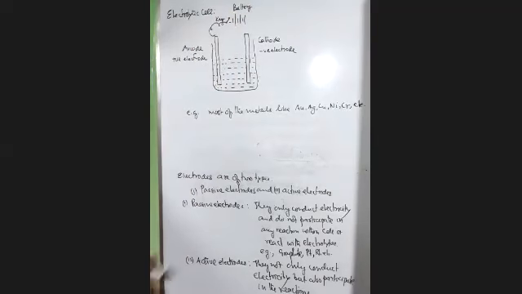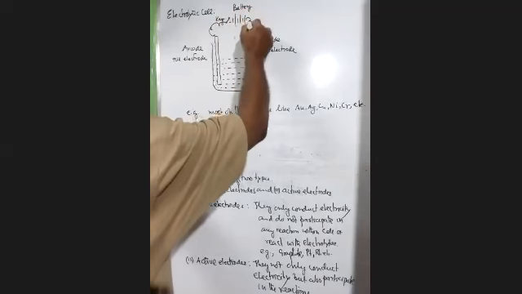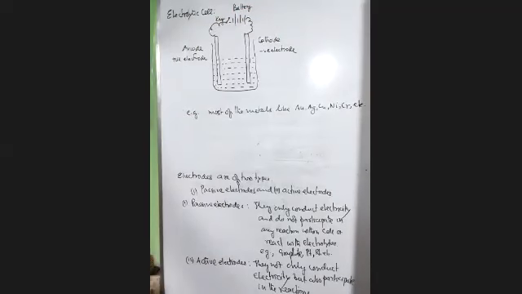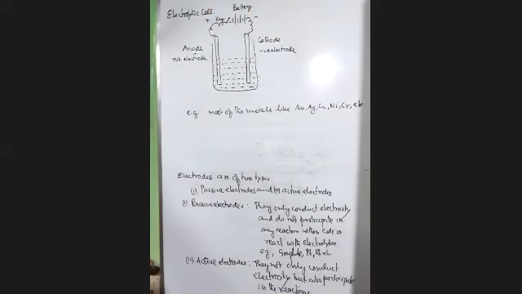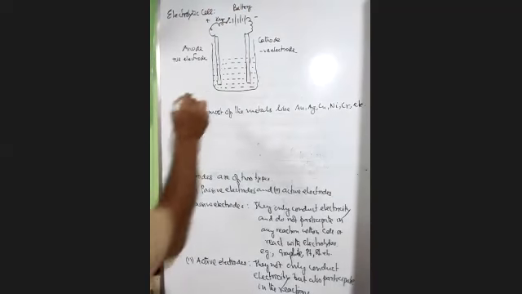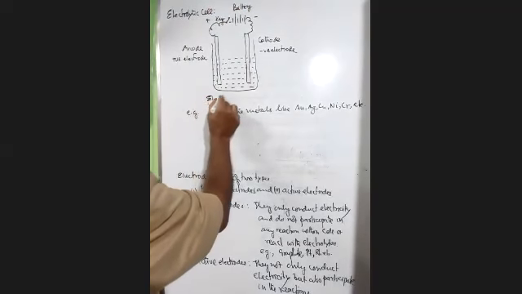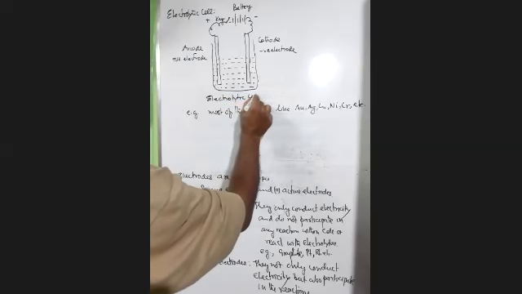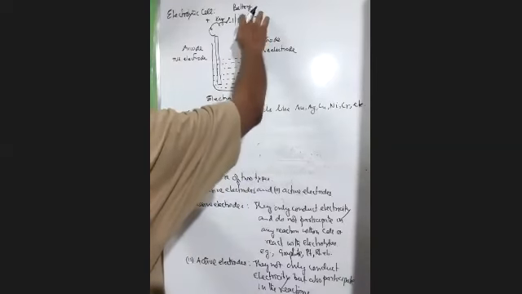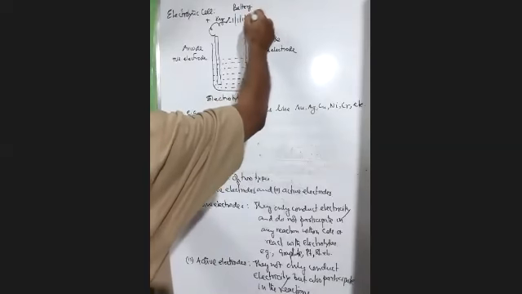If you switch it on, that electricity is going to flow. This is the negative end, and this is the positive. So this is the electrolytic cell. Wait, let me change that.